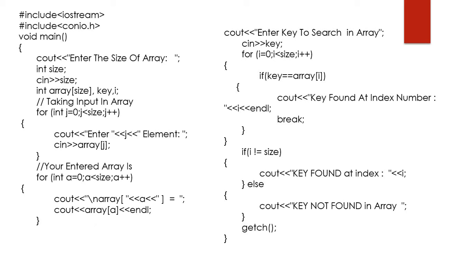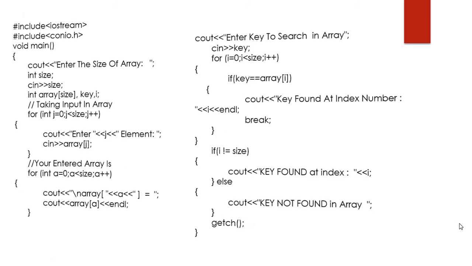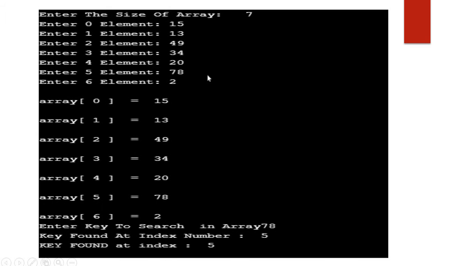Then it searches in that array. If the key is found at an index, it breaks the loop and gives that index value. If it is not found, the search stops. You can see the output of it, so you will get the idea.